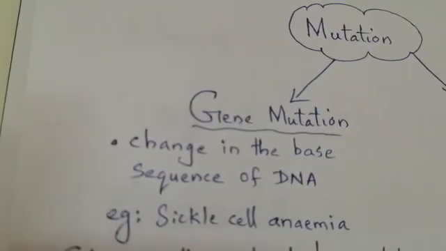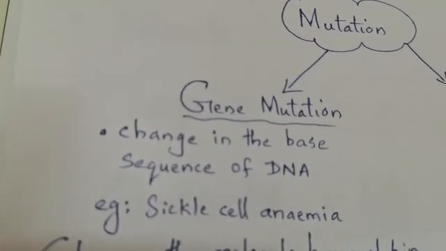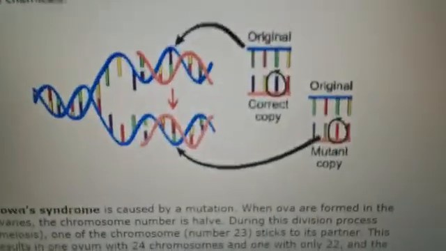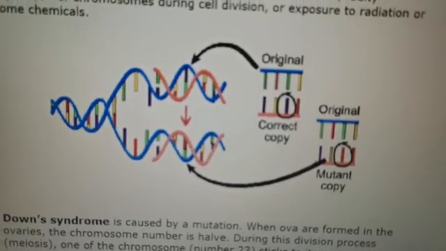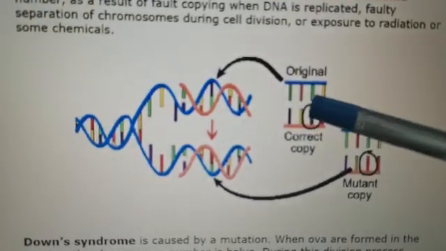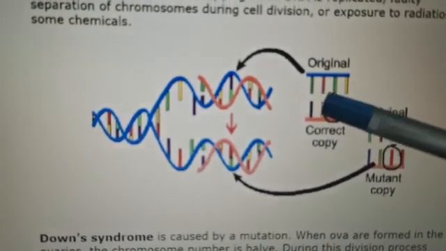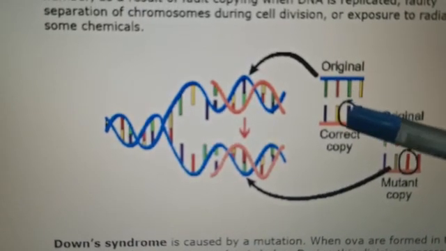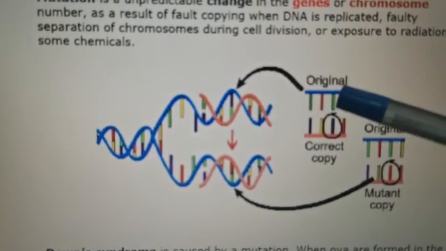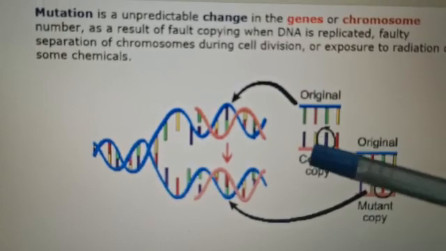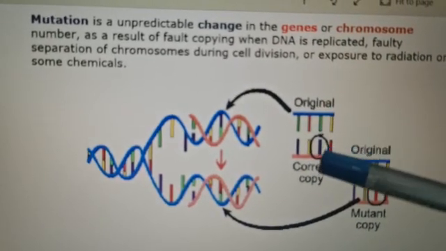If you are looking at this diagram, you can see the base change. As we know, only some bases pair together, like adenine, thymine, guanine, cytosine.